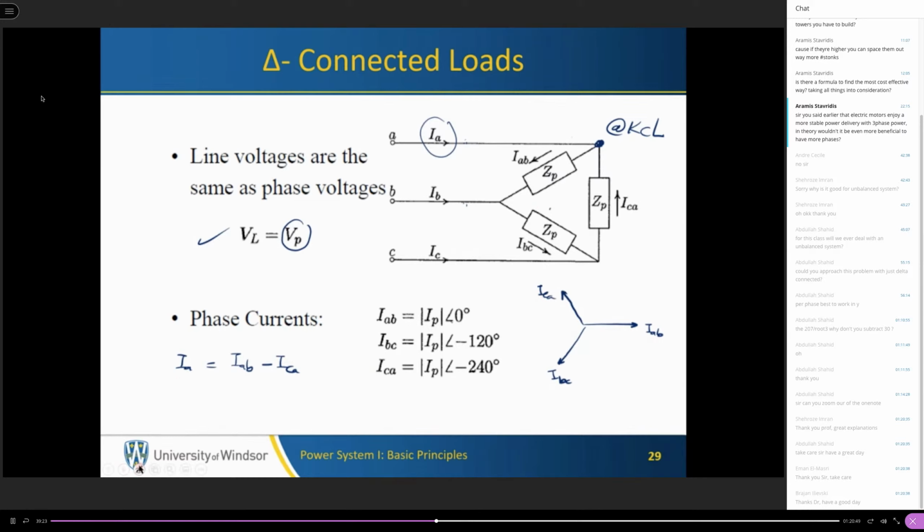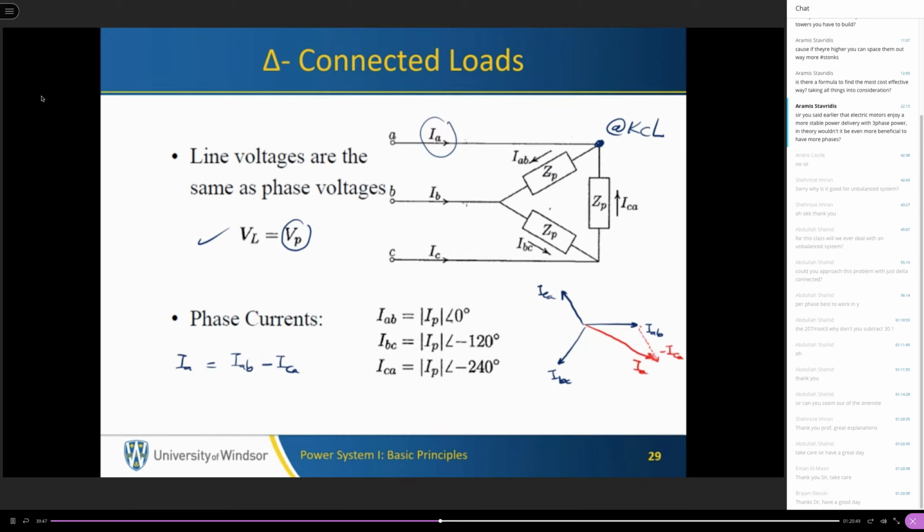IA is equal to IAB minus ICA. Minus ICA has the same magnitude, but in the opposite direction. You connect these, the summation together, and this will be IA.